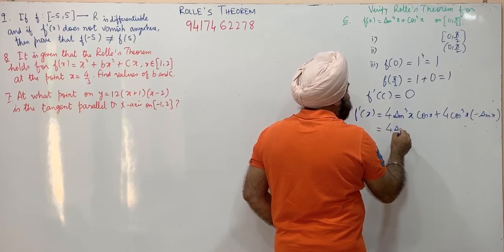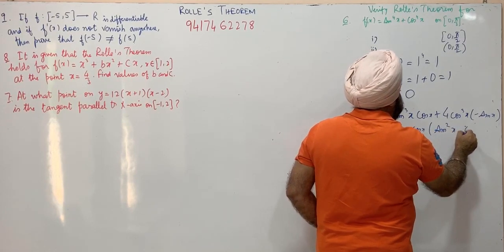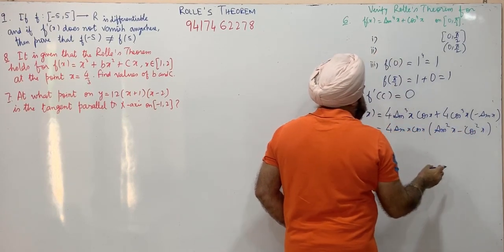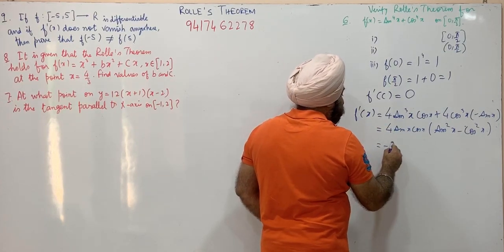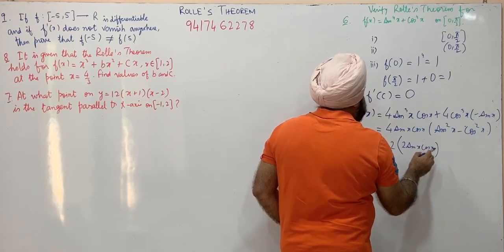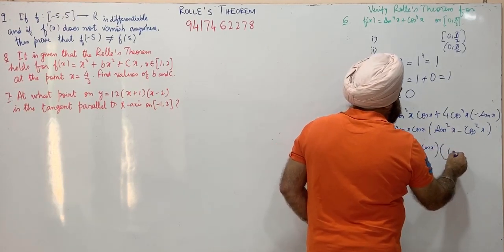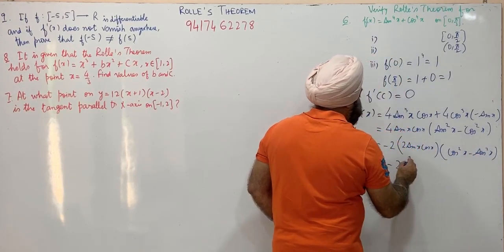Taking 4 sin x cos x common, it's sin square of x minus cos square of x. This can be written, let's take the minus sign common, minus 2 into 2 sin x cos x. So with the minus sign common, this will be cos square of x minus sin square of x. This is minus 2.